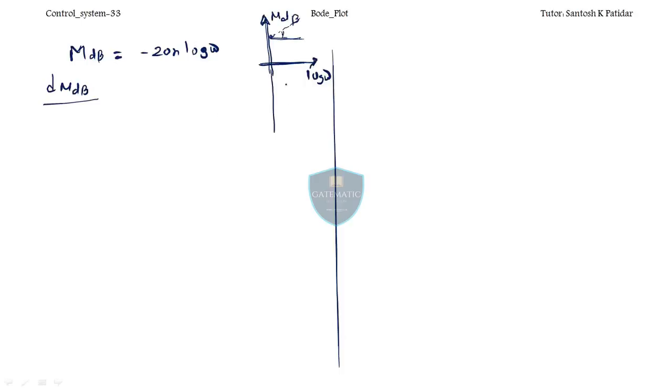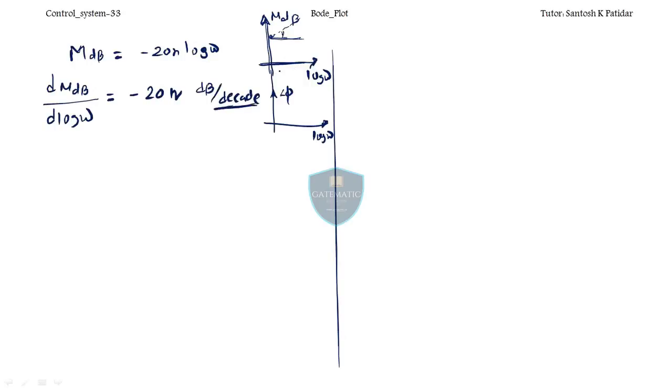Okay, now this is one plot, that is the magnitude plot. In the phase plot you will have the phase, and over here again you will have log omega. So you will differentiate this with respect to log omega. What you are getting is minus 20n, and this is in dB per decade. Why decade?